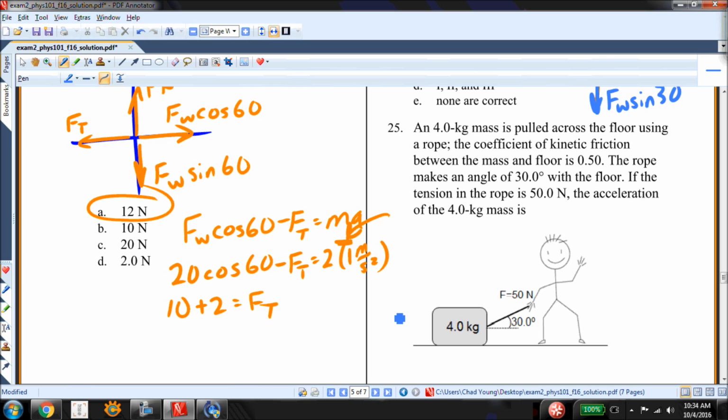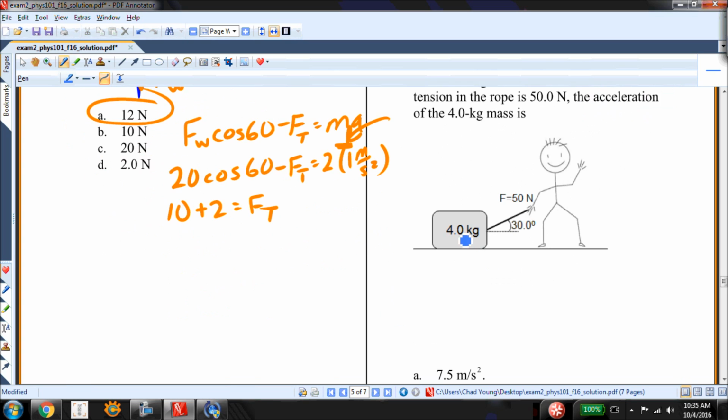A 4 kilogram mass is pulled across the floor using a rope. The coefficient of kinetic friction is 0.5. What is the acceleration? So I have Fw, Fn, I have Fk, and then I also have this force broken into its components. So that's 50 sine of 30 and 50 cosine of 30.